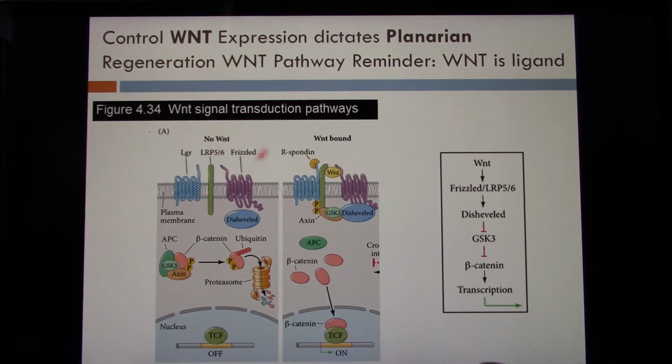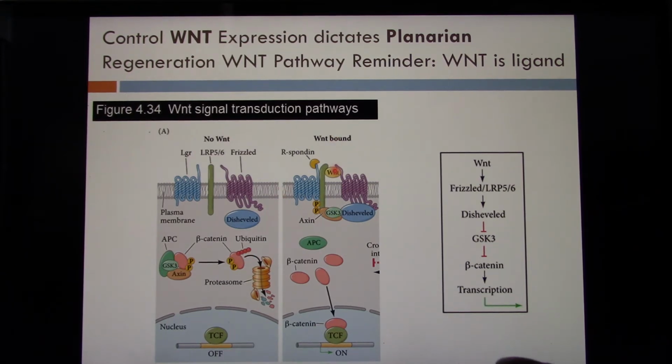So when there is no Wnt present, there are no signal transductions, and the cellular target, beta-catenin, is degraded. So in the absence of Wnt, the beta-catenin transcription factor is degraded by the proteasome.